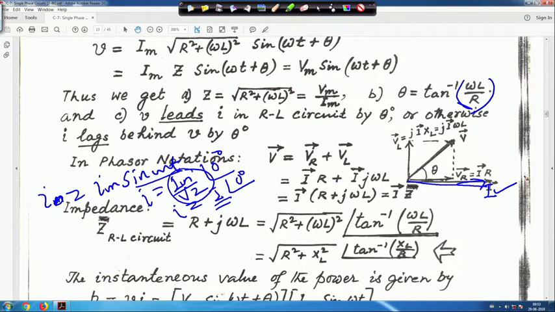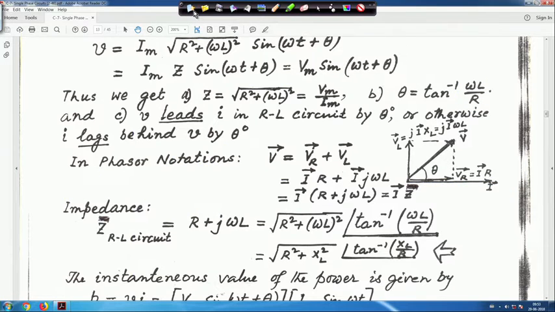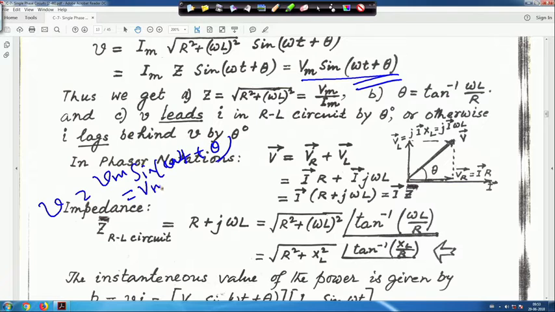Next is my V. V is actually Vm sin omega t plus theta. In the phasor diagram, taking the RMS value Vm by root 2 with angle theta, this can be written as V angle theta.